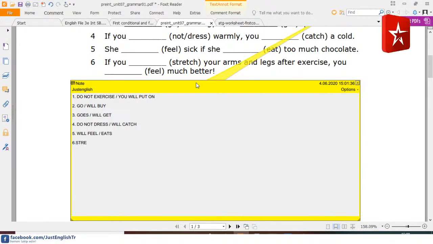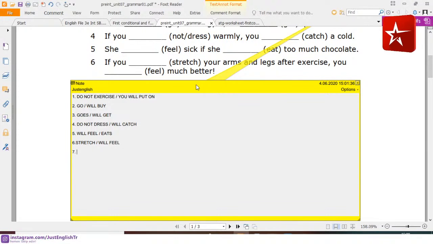Okay, let me write stretch. If you stretch your arms and legs after exercise, you will feel, yes, you will feel much better.